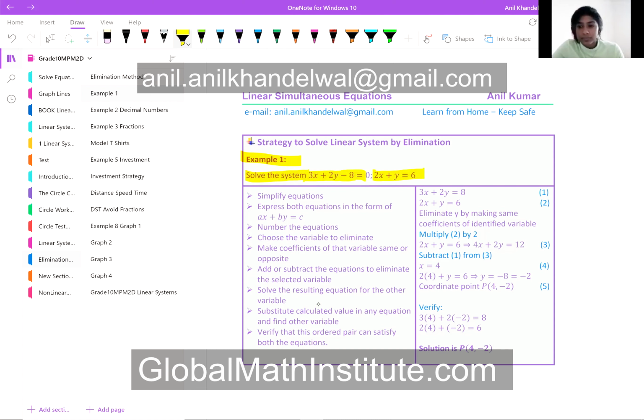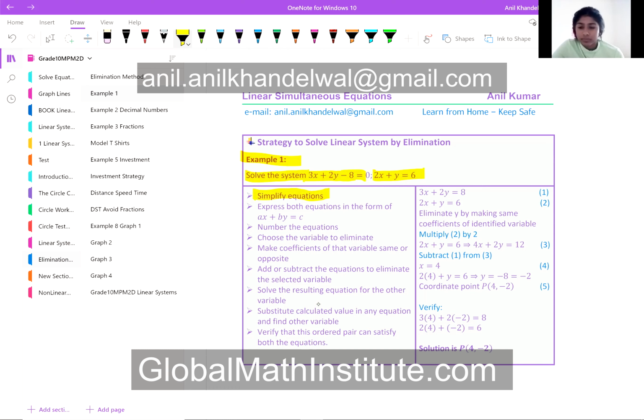On the left side of this table, I have given you the steps to be followed for solving equations using this method of elimination. And on the right side, we've gone through these steps. So the very first step normally when you want to solve equations using the method of elimination is to simplify the equation, right?